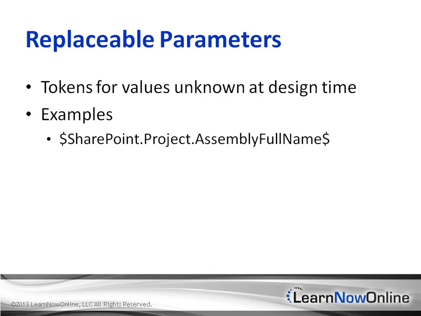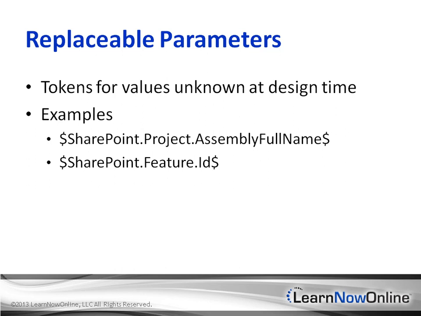For example, say we're building an application page, and one of the directives at the top needs the full assembly name of the DLL that is hosting the application page, so your project. By just using this token, the SharePoint.Project.AssemblyFullName token surrounded by the dollar signs, the Visual Studio compiler and package builder knows how to build that and replace it when it builds your solution package.